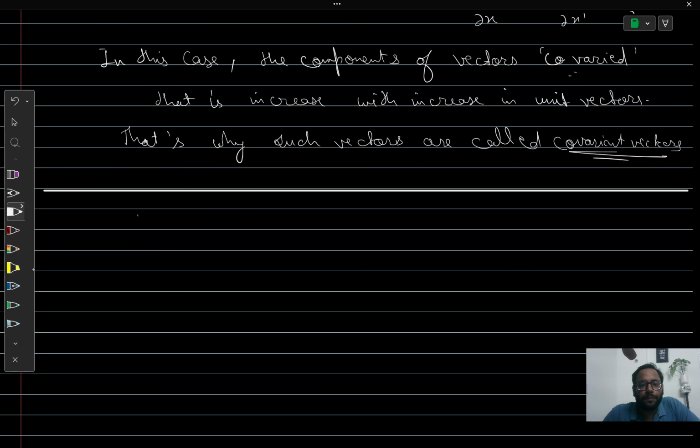For contravariant vectors, they are simply called vectors, and you can write them as, suppose I am taking 4 dimensions, a summation over mu, like this.